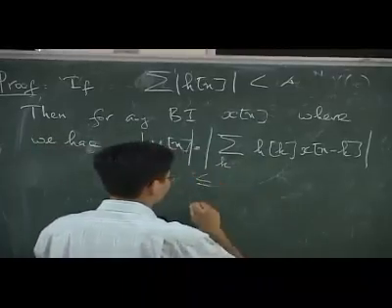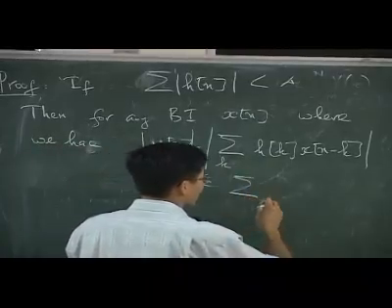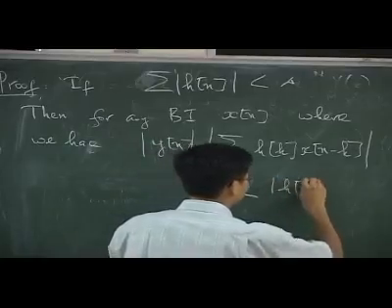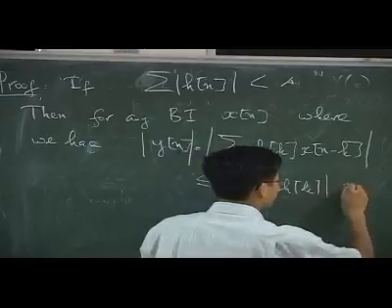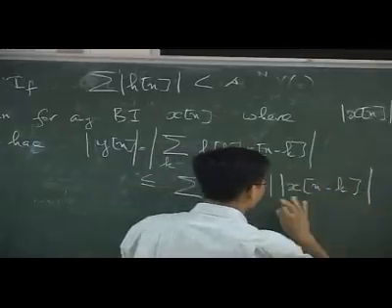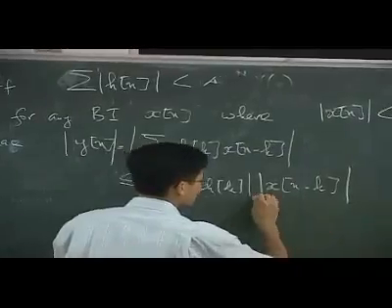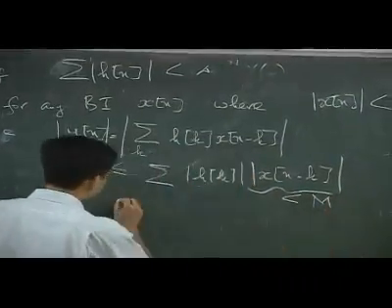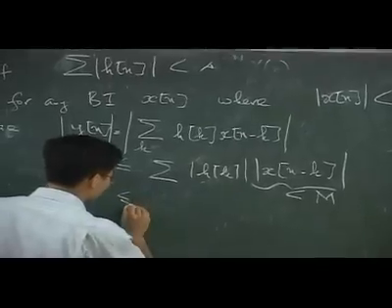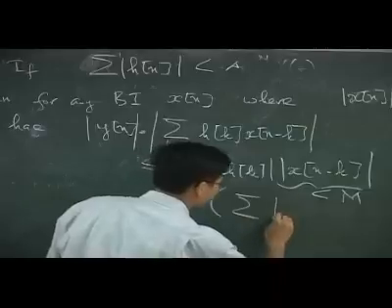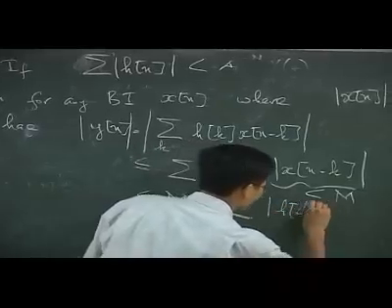So this is less than or equal to the summation of |h[k]| times |x[n minus k]|. But now each of these x terms is less than some number M. So that is less than or equal to some number M outside, multiplied with the summation of |h|.